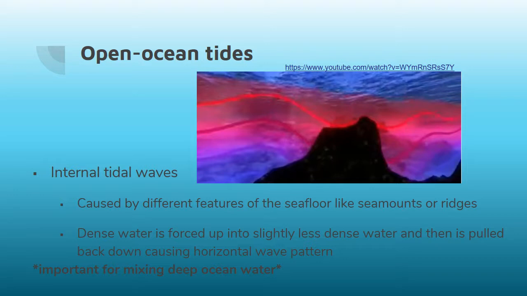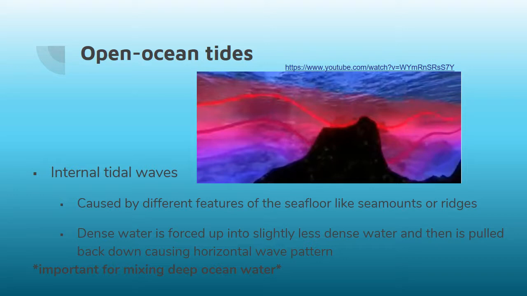And then there's open ocean tides, and sometimes we see internal tidal waves. Internal tidal waves can be caused by different features of the sea floor, like seamounts or ridges. Dense water is forced into slightly less dense water and then is pulled back down, causing a horizontal wave pattern.